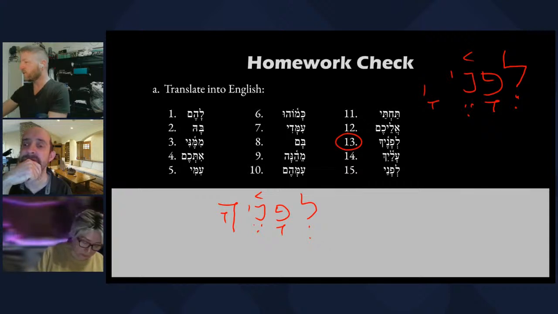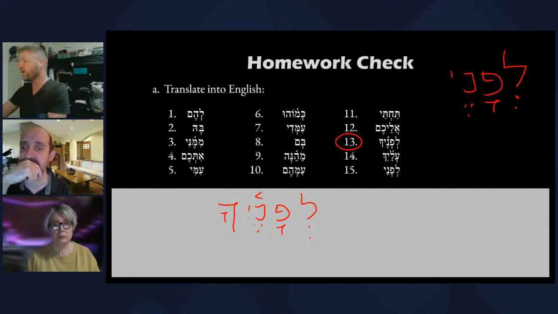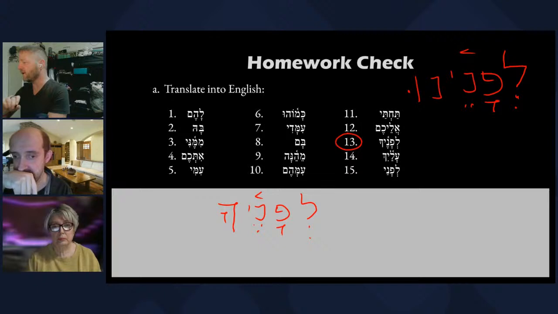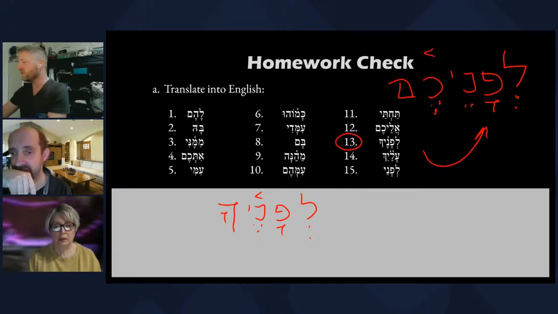When we get into the plural, suddenly we've got a shift of accents in the before you. Lefanenu, before us. But once we get to chem, we have a problem, because chem is what we call a heavy ending. The accent's over here, then we have this reduced because of distant syllables.